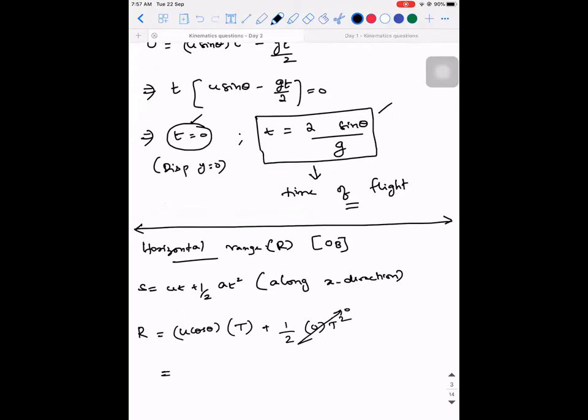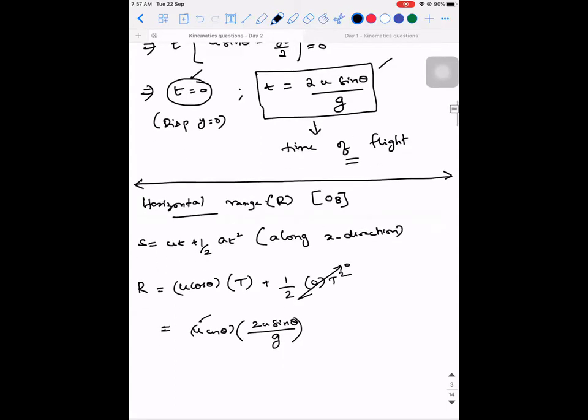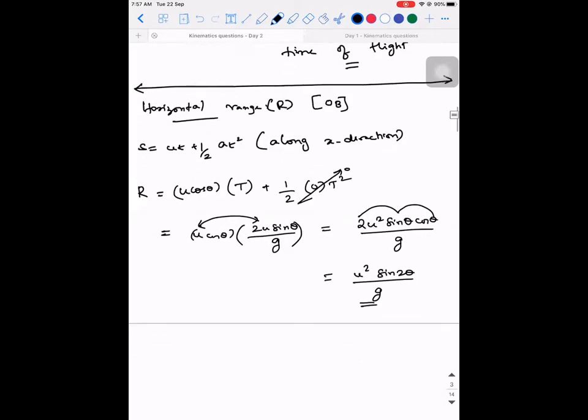So u cos theta into what is the time? 2u sine theta divided by g. You have to remember this expression. So u into u is u square, so 2u square sine theta cos theta divided by g. 2 sine theta cos theta is sine 2 theta. So the range of the particle will be u square sine 2 theta divided by g. Accepted?